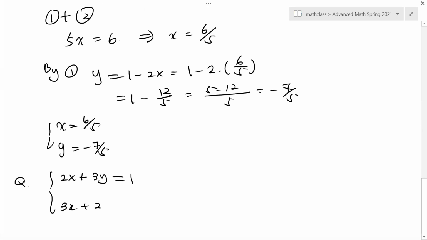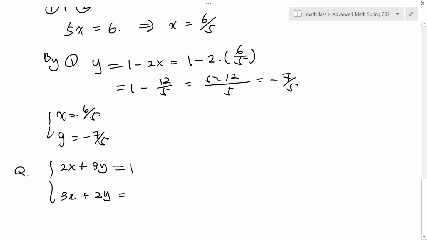Like 3x plus 2y equals, for example, let me put a good number there.